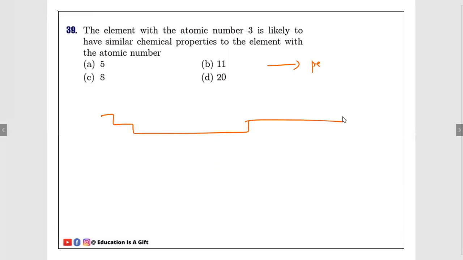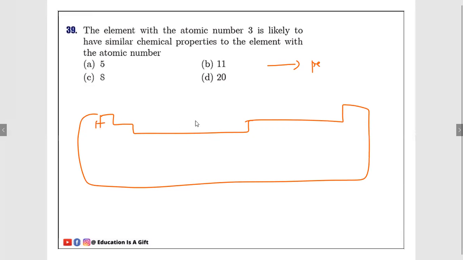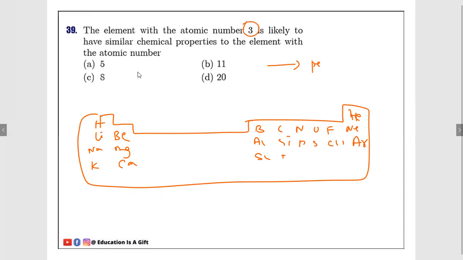In a periodic table, there will be hydrogen, helium, lithium, beryllium, boron, carbon, nitrogen, oxygen, fluorine, neon, and again sodium, magnesium, aluminum, silicon, phosphorus, sulfur, chlorine, argon. Again potassium, calcium, scandium, titanium, vanadium, chromium, like that.